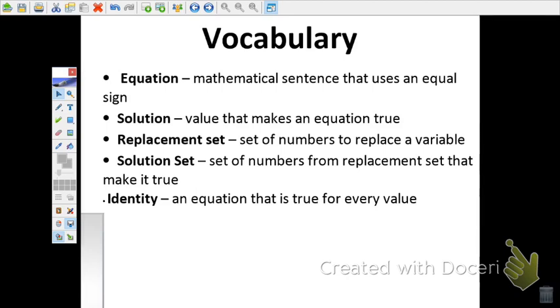Once we have that replacement set to replace a variable with a number, then we can find a solution set, which is the set of numbers from the replacement set that make the statement true. And then sometimes you're going to see the word identity. And an identity is an equation that is true for every value. So no matter what number you put in place of the variable, it's always going to make a true statement.